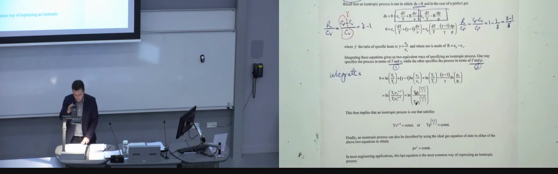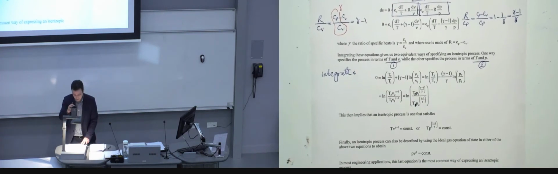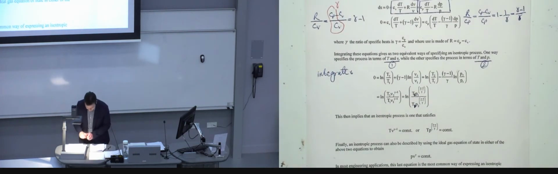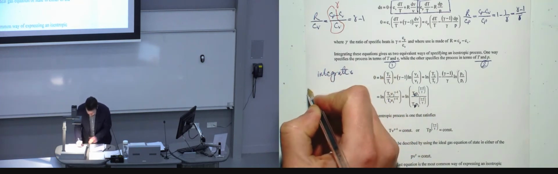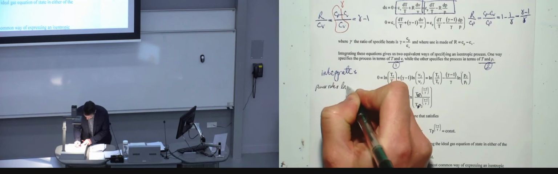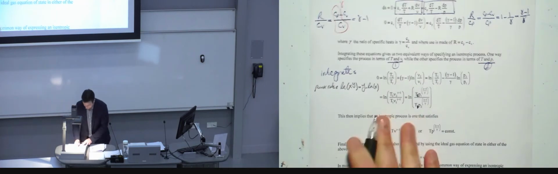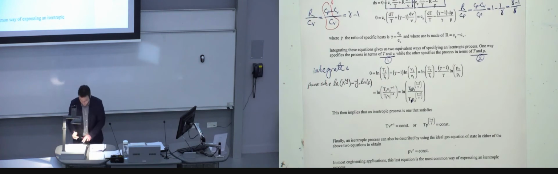And to be honest, the only rules that you potentially need here would be the power rule, which is ln of, for example, x to the power of y is equal to y times ln x. You must know this anyway, but it's just a reminder.